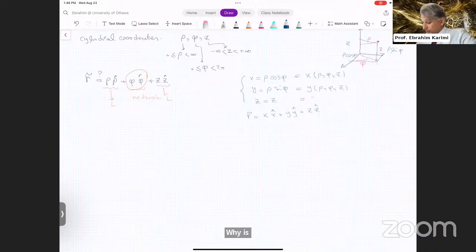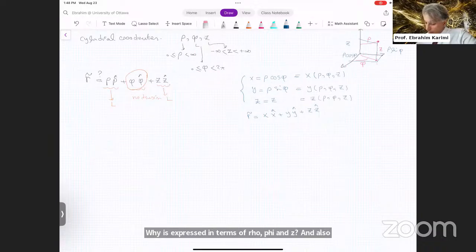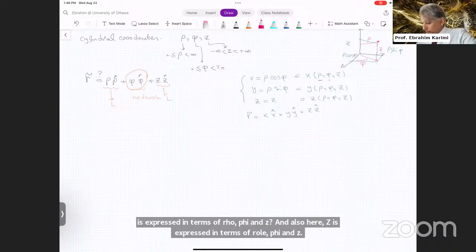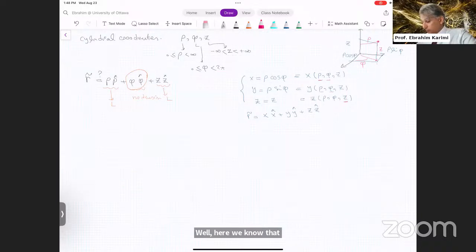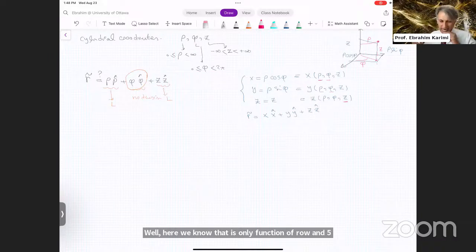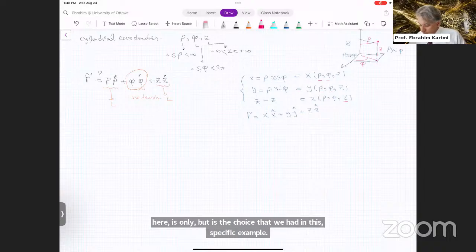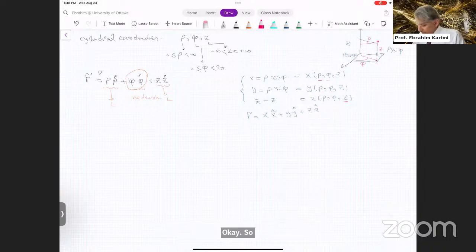Here we know x is only a function of rho and phi, y of rho and phi, and z only of z, but that is a choice we had in this specific example. So r is given in the Cartesian coordinate in this way.